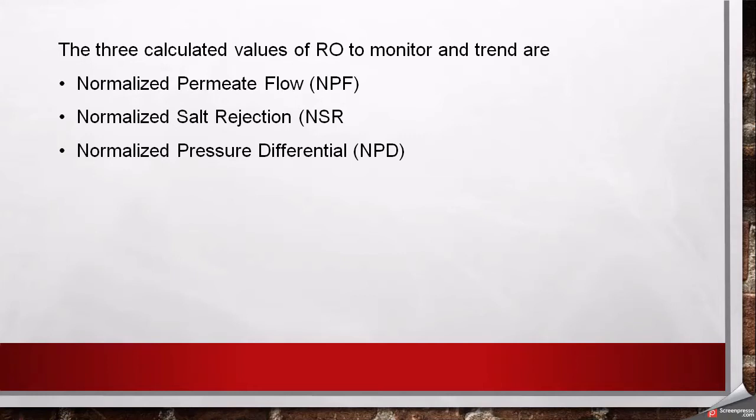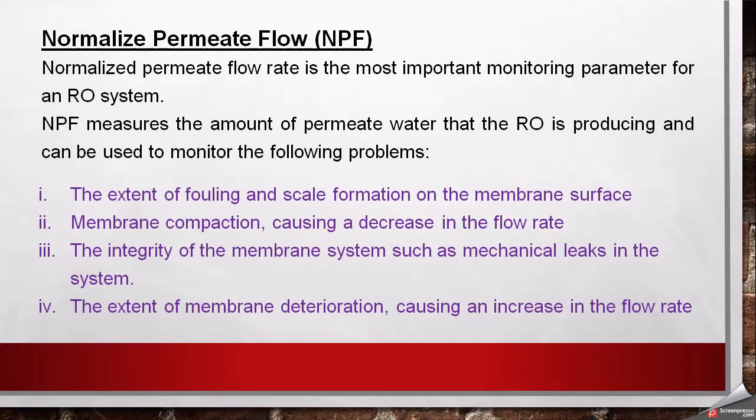These three parameters are very important. Now I will describe them one by one. First of all, normalized permeate flow, NPF, is basically the flow rate, which is the most important parameter for an RO system.